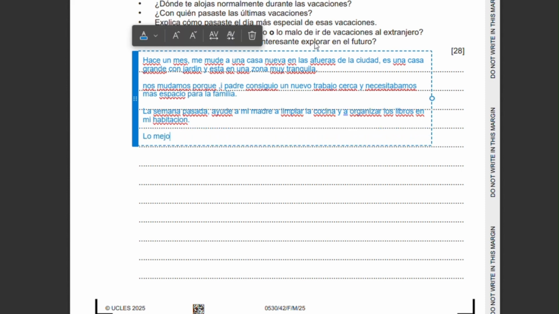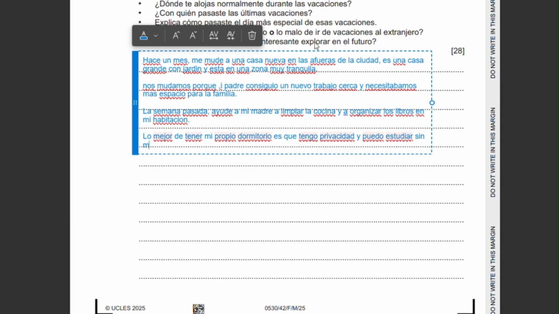Lo mejor de tener mi propio dormitorio es que tengo privacidad y puedo estudiar sin muchas distracciones.